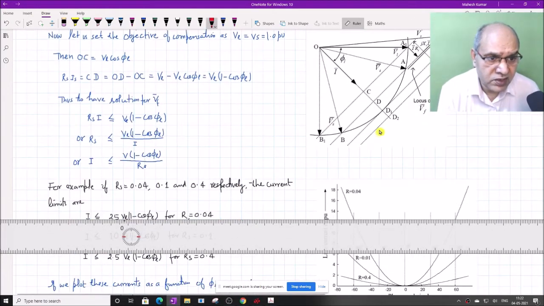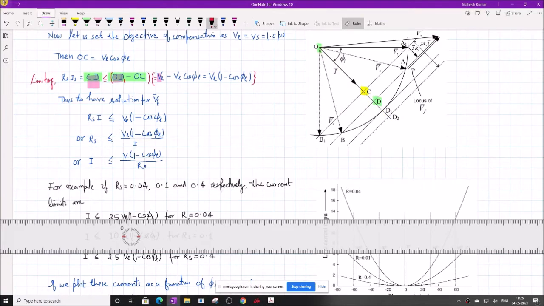So again, I am putting this figure here, and you can see that this CD value is nothing but OD minus OC. The concept is that IsRs, the feeder drop, which is equal to CD, must be less than or equal to OD1 minus OC, that is CD1. And CD1 is what?